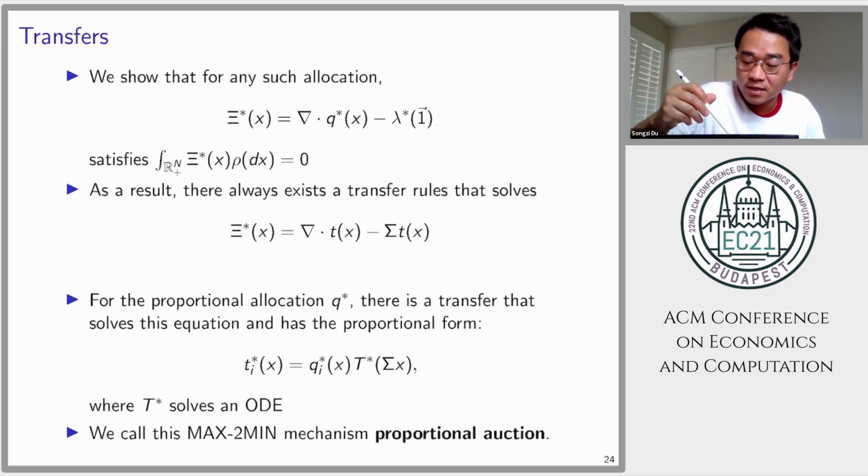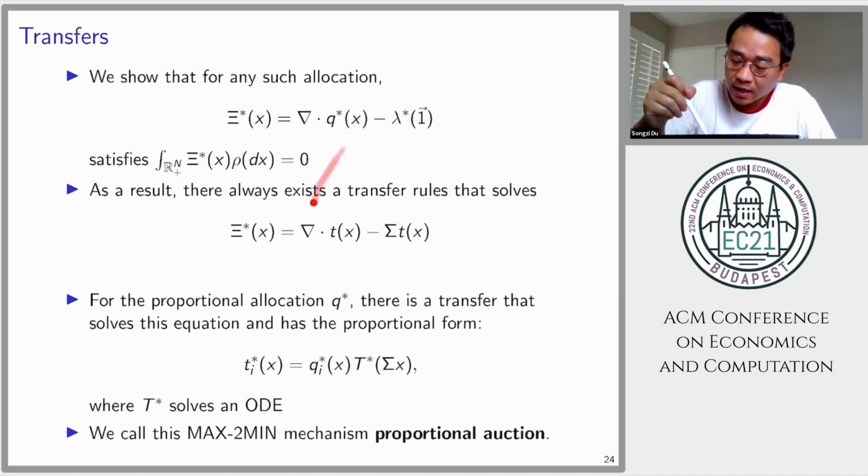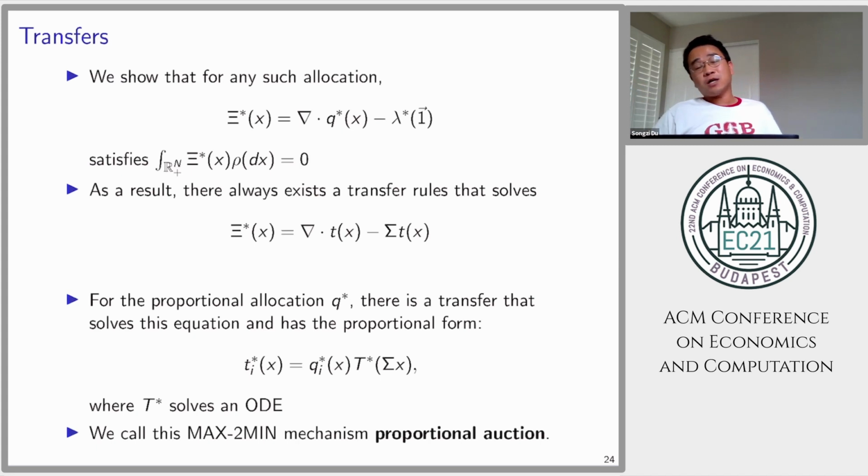So this is right because by having the proportional functional form, this partial differential equation will reduce to a nice and simple ordinary differential equation. Okay, so this simplicity of the allocation and transfer functions makes the proportional auction quite special.